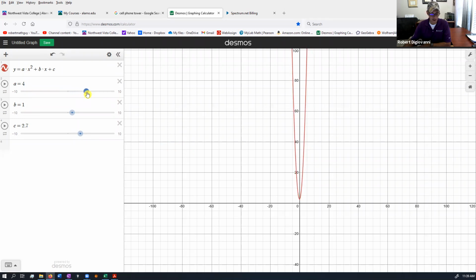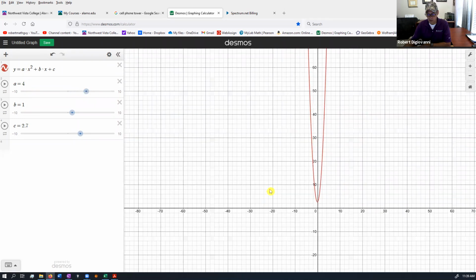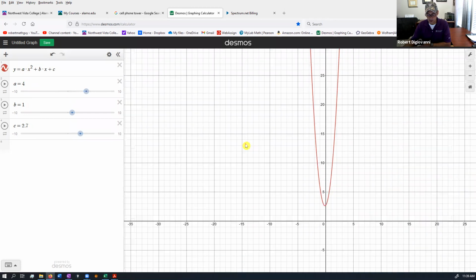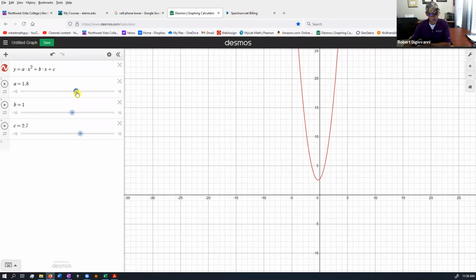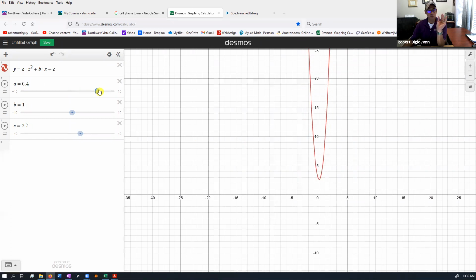What happens as I let A get bigger? What's happening to the parabola? Do you see what's happening? The parabola is becoming narrow, real narrow. If I let A get smaller, it starts to widen out.